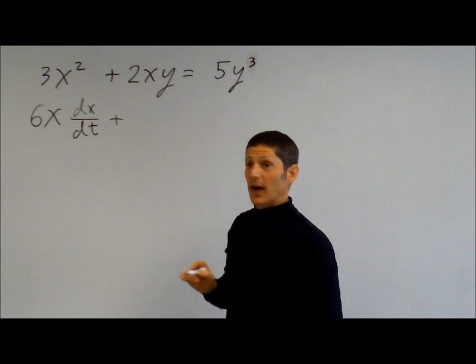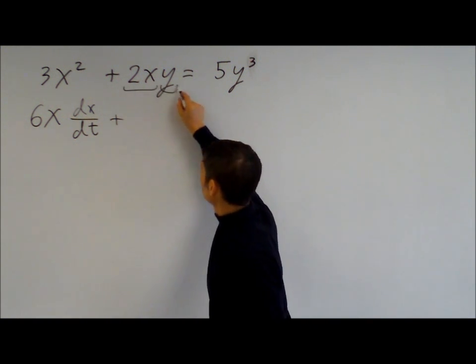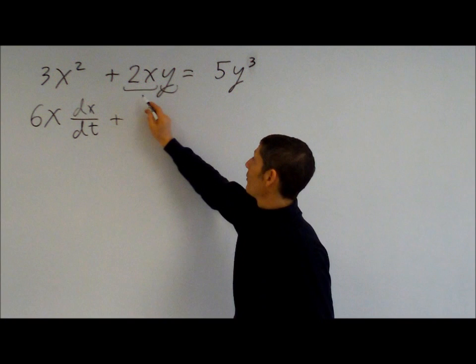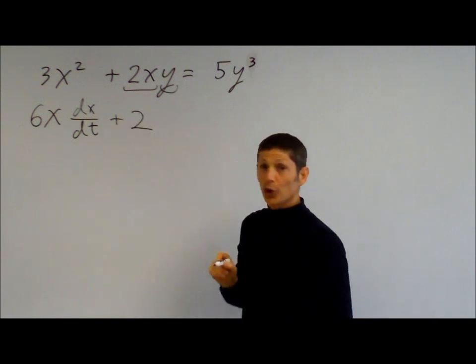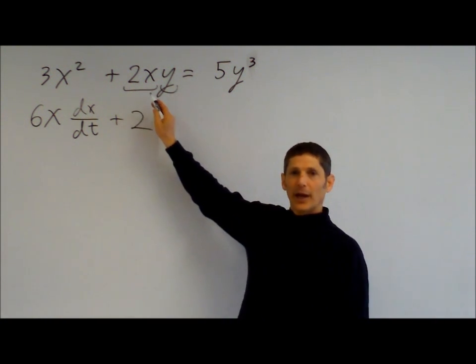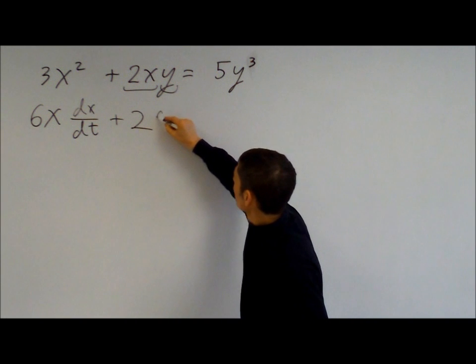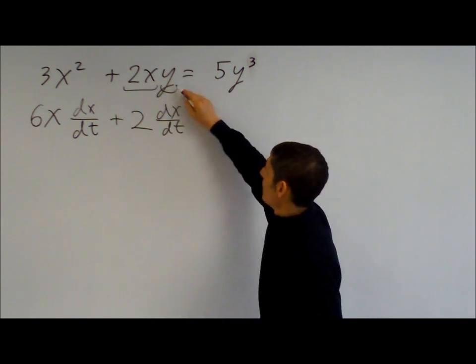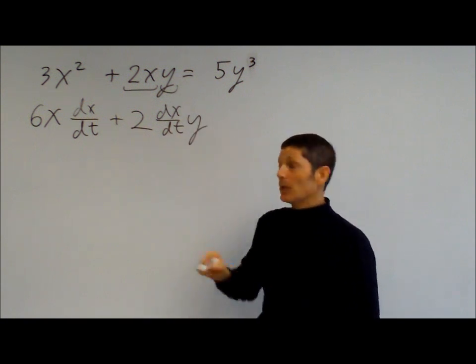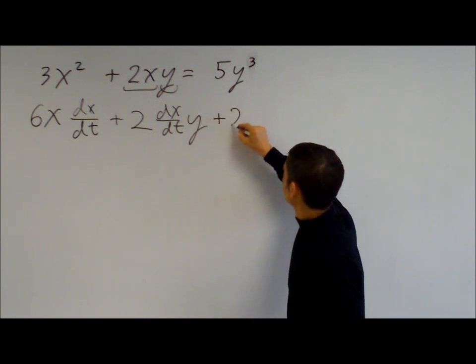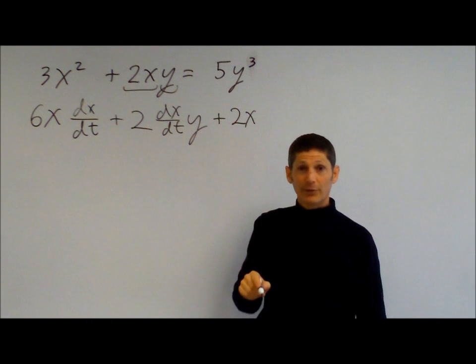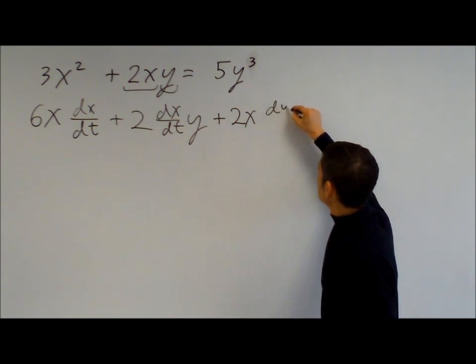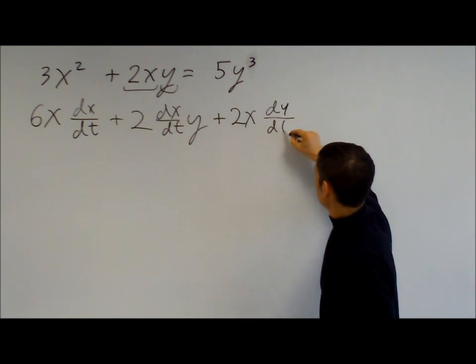How about this next guy? Ooh, that's a product rule. You already know how to do this. Derivative of the first guy is just 2, but I have to take the derivative of x, dx/dt, times the second guy, plus the first guy, times the derivative of y, dy/dt.